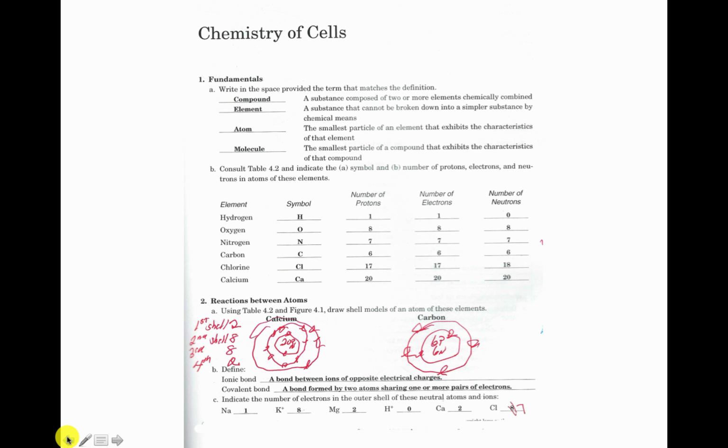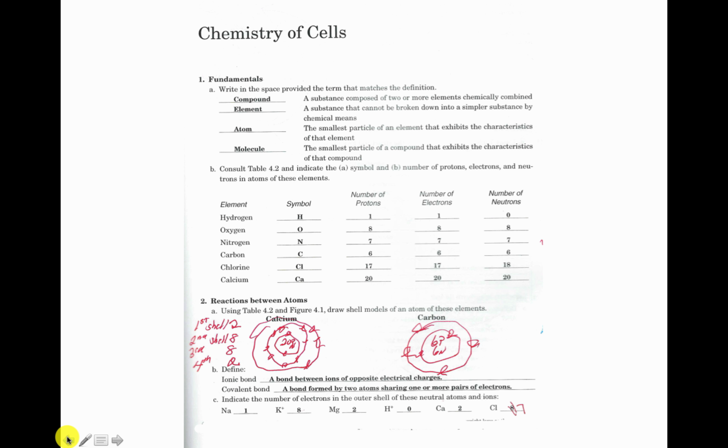Back to this page, because what I wanted to show you was in 2C. You're going to go to potassium and then over to hydrogen. If you look, they both have a little plus sign. That means they've lost an electron.